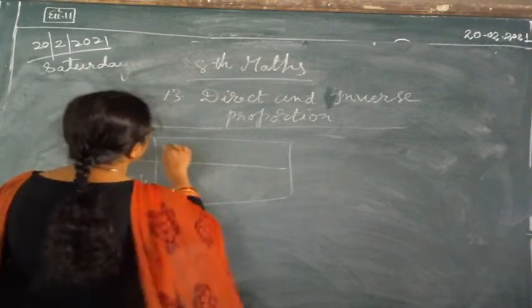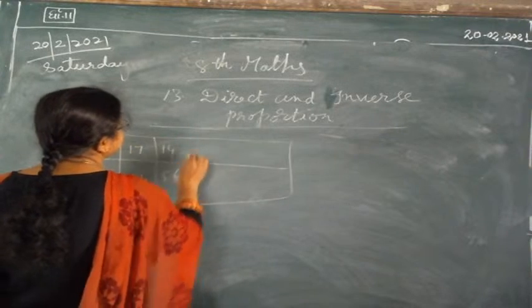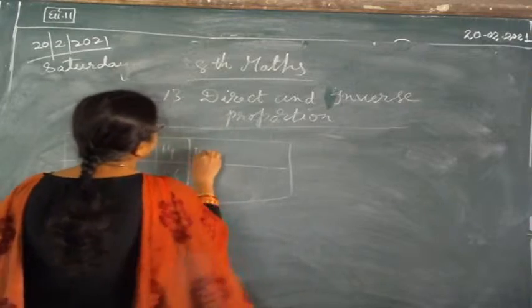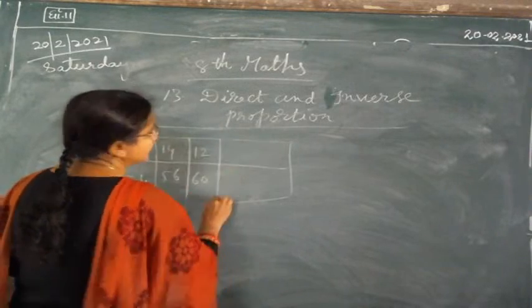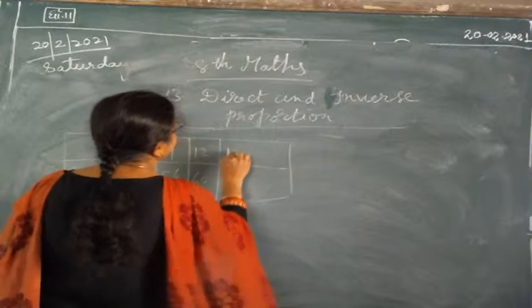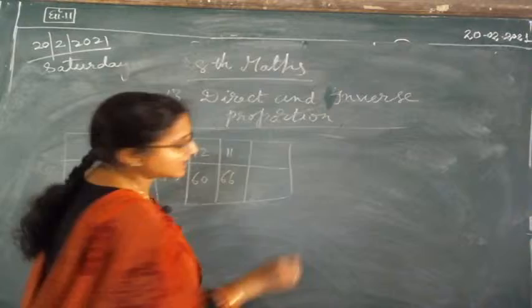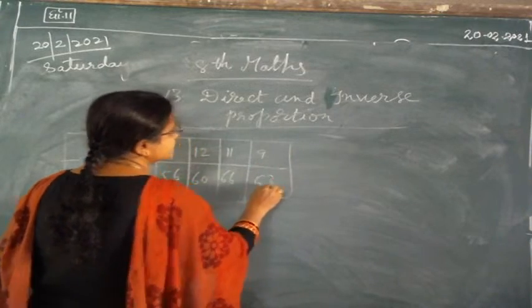X value is equal to 14, y value is 56. X value is 12, y value is 60. X value is 11, y's value is equal to 66. Okay. X value is 9, y's value is 63.